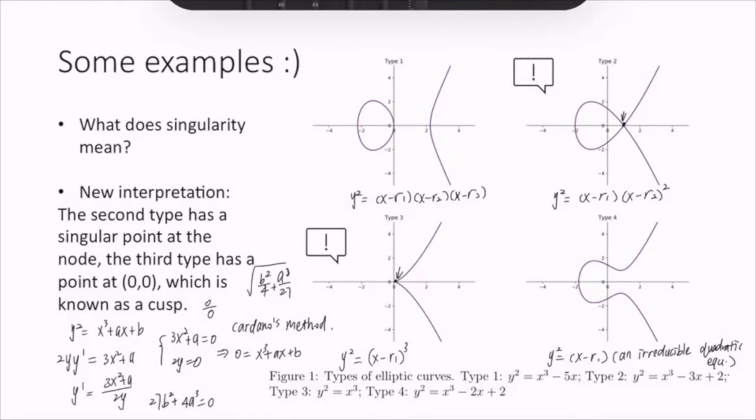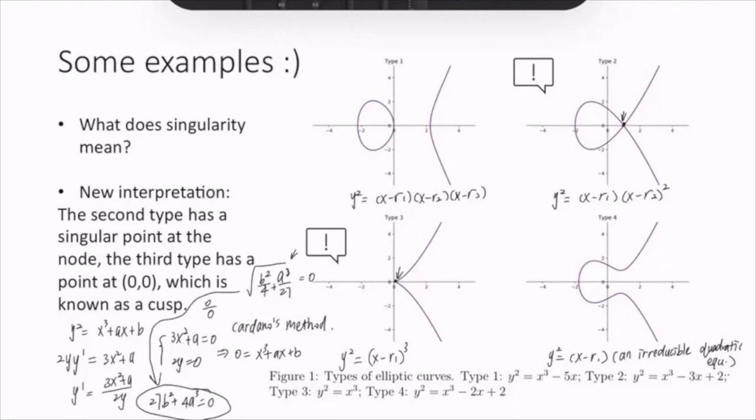Or in this form, we could also derive things like that, which gives us a discriminant.